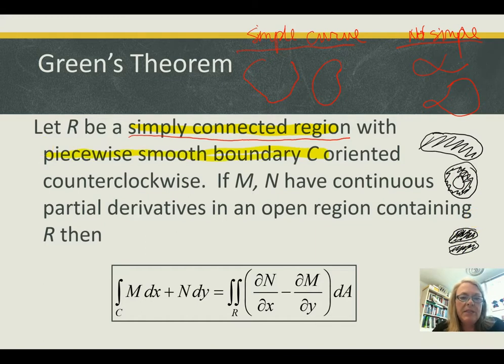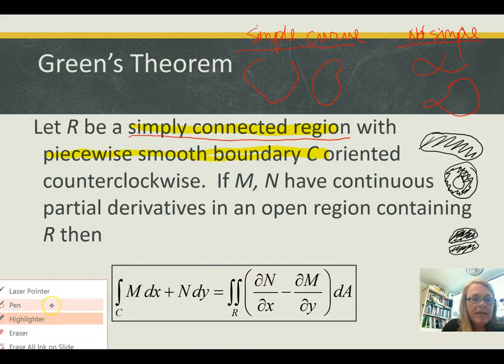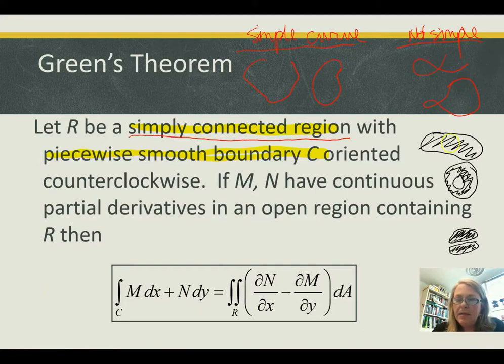The piecewise smooth boundary part of this definition is important because it tells us that here's our region, C is the boundary of that region, and it has to be smooth in pieces. So, for example, this would be a piecewise smooth boundary. Basically, there are no sharp points in the pieces.